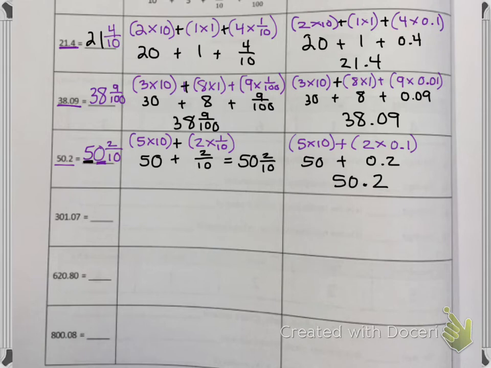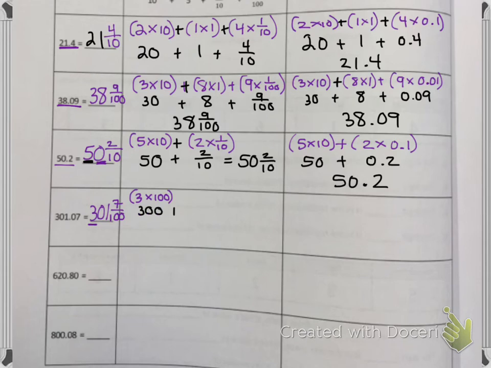Perfect. All right, I'm going to do this last one for you, the 301 and 7/100ths in expanded form. You're going to want to save some space here. It's going to be pretty long in expanded form. So let's start with the fraction. So it's going to be 301 and 7/100ths. We're going to start with the hundreds place value, okay? So we're going to do 3 times 100 here, and that equals 300.